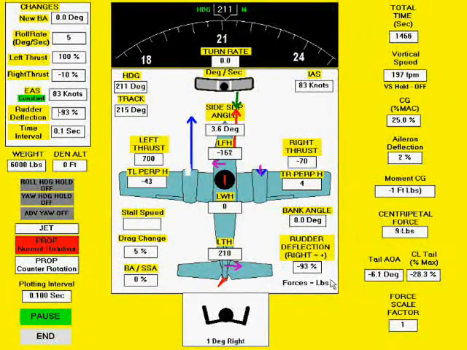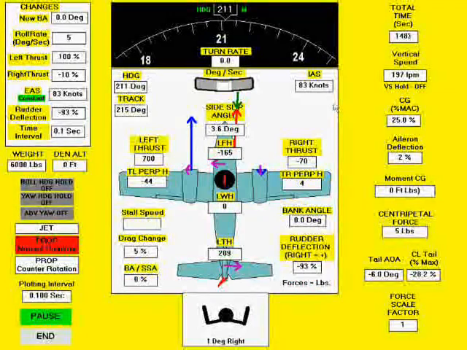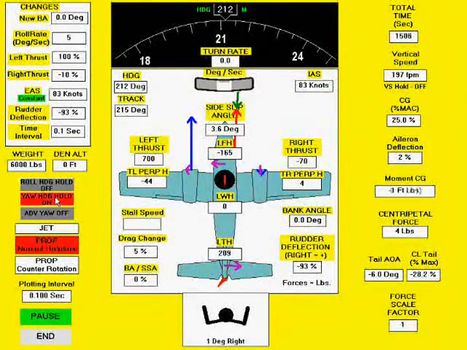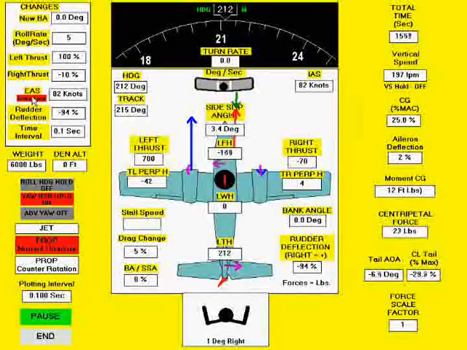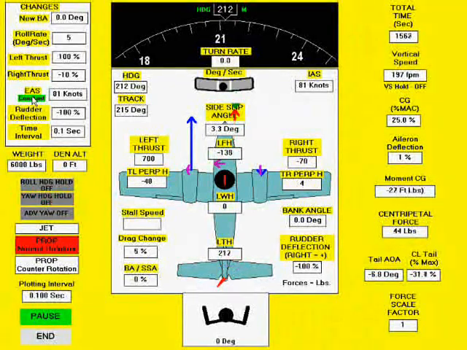Note that the required rudder deflection is only 93%. Slowing down, we see the rudder deflection hits 100% at the new VMC value of 81 knots.